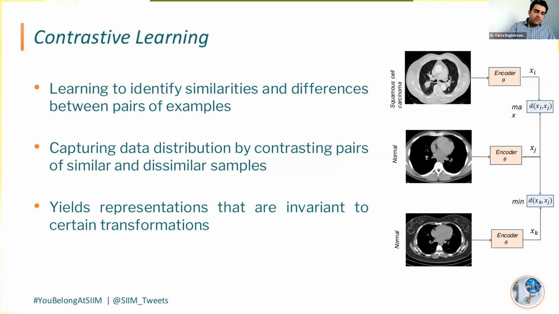So what is the outcome here? The outcome is that it yields representations that are invariant to certain transformations, such as affine transformations or certain rotations. And we want our systems to provide robust representations, specifically in the medical domain, where we have many noisy samples, many noisy images, many noisy texts. Everything is noisy.